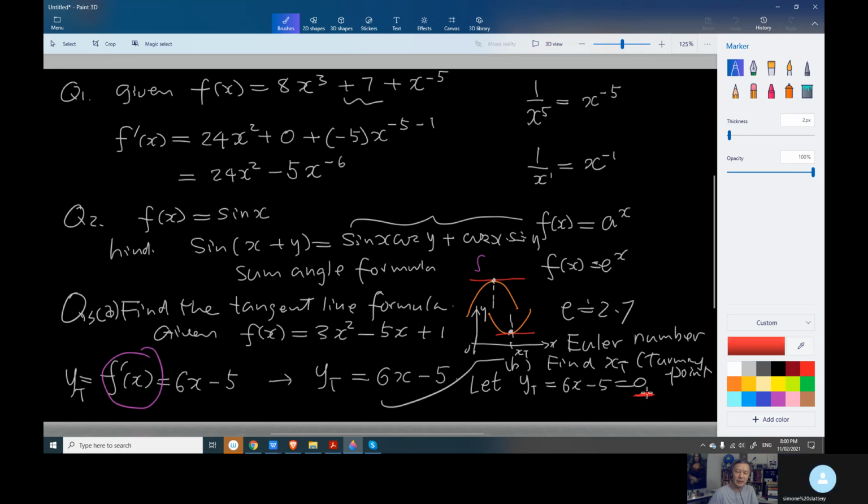That is a big step. That's the key step. So the rest is simple. So how about x? We got a 6x. Well, x would be 5 over 6. Positive or negative? Positive. Okay, good. So in this way, we found the x at 5 over 6.